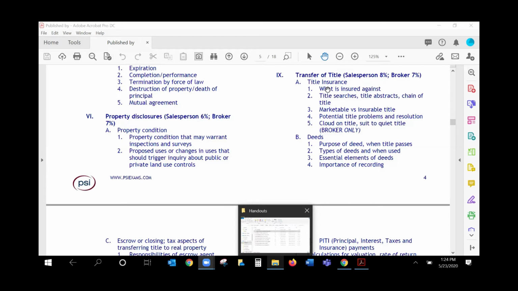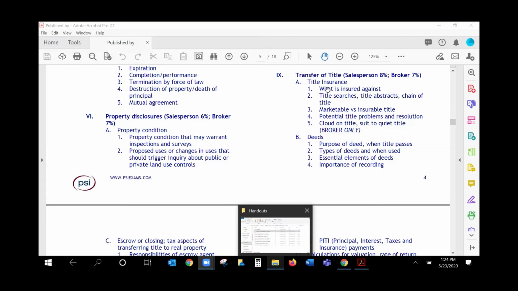So when you hear title, it's very different from the car. When we're talking about title with a car, it's a piece of paper, right, that shows you own that car. When it comes to a house, title is what ownership rights you have to this property.